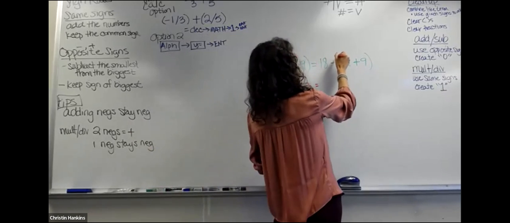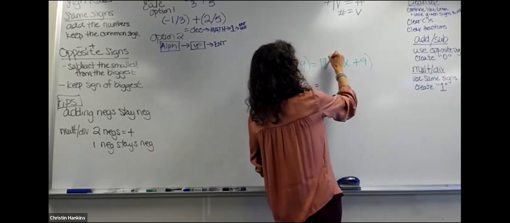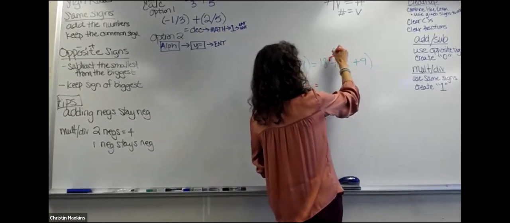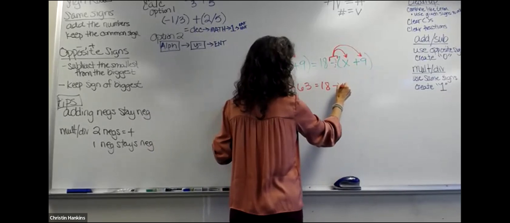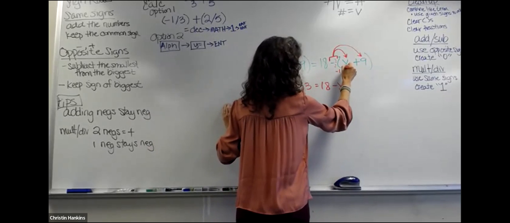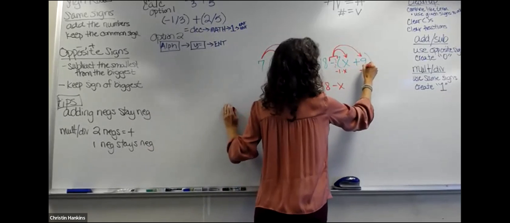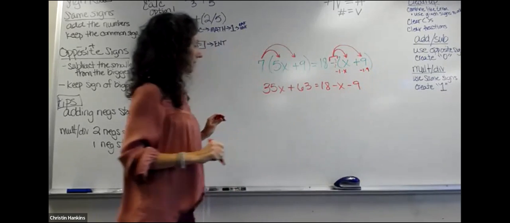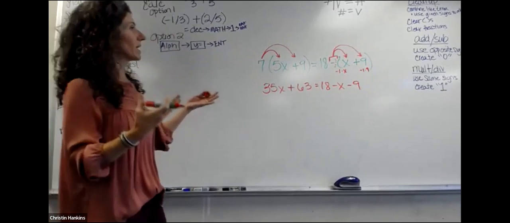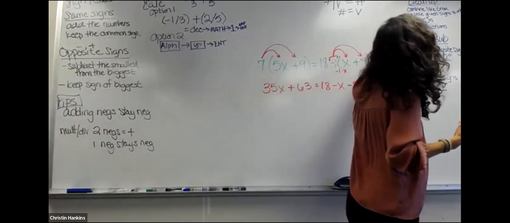This is when we move over and we've got to make sure we're paying attention to that -1 that distributes. And so we get 18 minus x, again -1 times x and -1 times +9. And so we just cleared the parentheses.